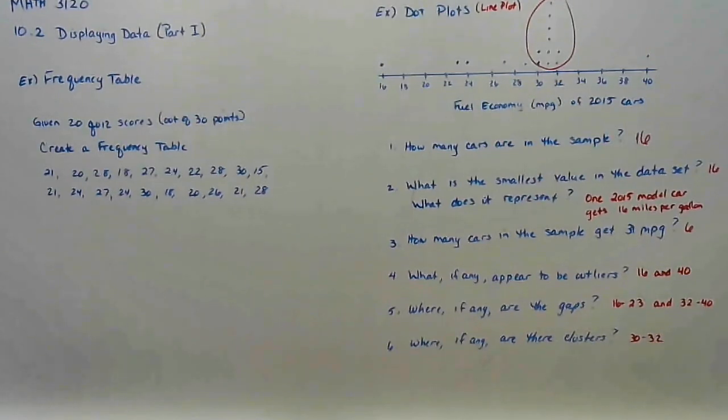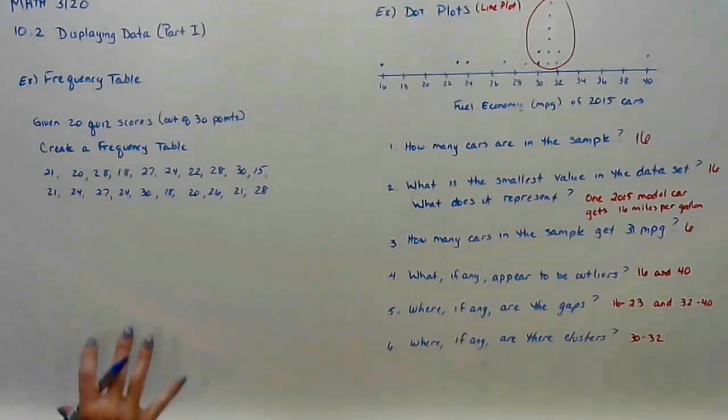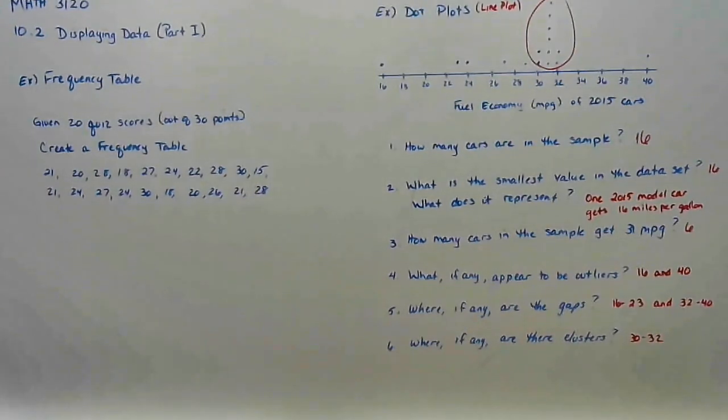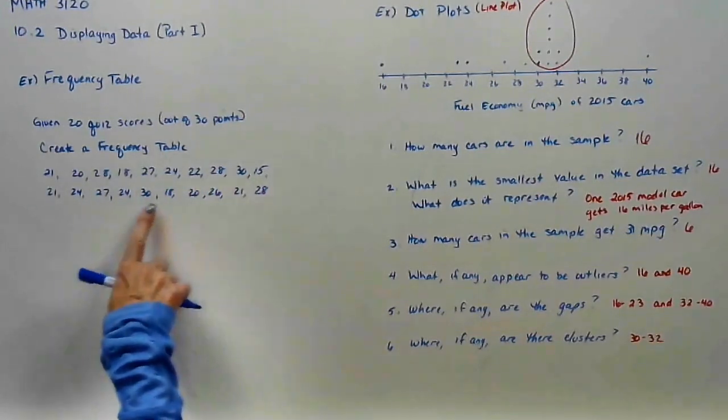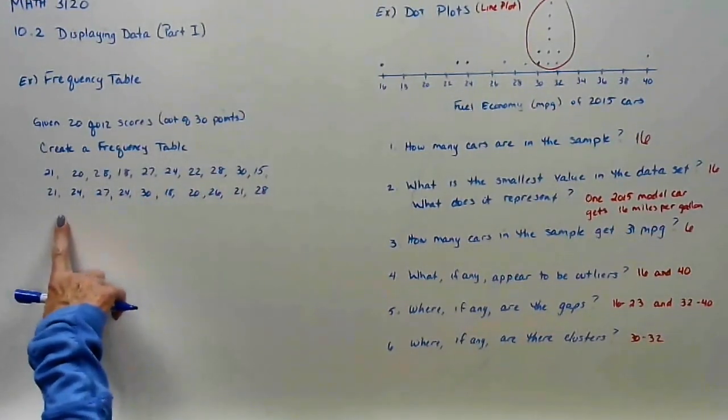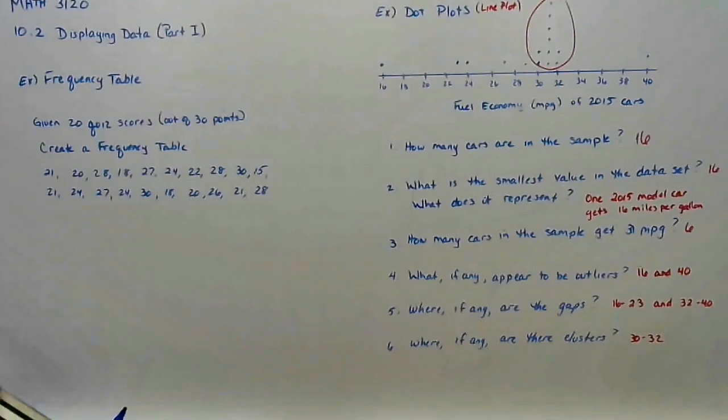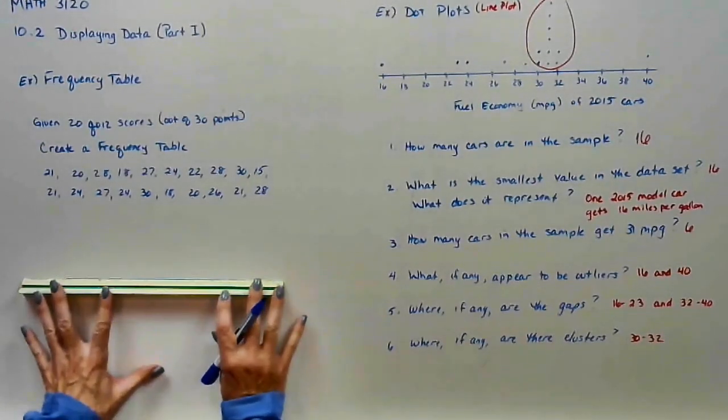On that homework set, if you printed it out, to the right, let's create a frequency table. In my space, I have it right here. So what am I comparing? Well, I'm comparing all of these scores to the frequency that they occurred.